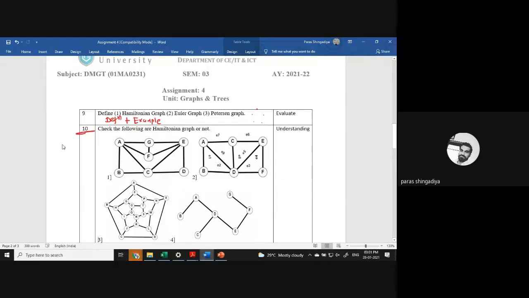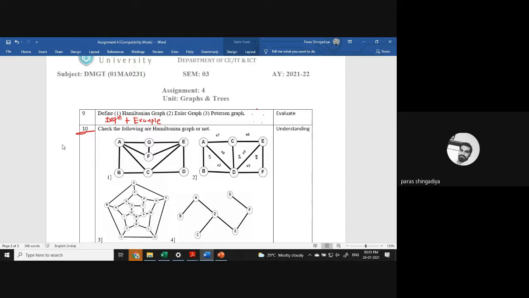In question number 10, some graphs are given, 4 graphs, and you have to check which of the following graphs is Hamiltonian. If it is a Hamiltonian graph, also write the Hamiltonian circuit. Clear? And if it is not Hamiltonian, just skip it. First draw this graph in your book, and then try to check by yourself whether it is Hamiltonian or not.